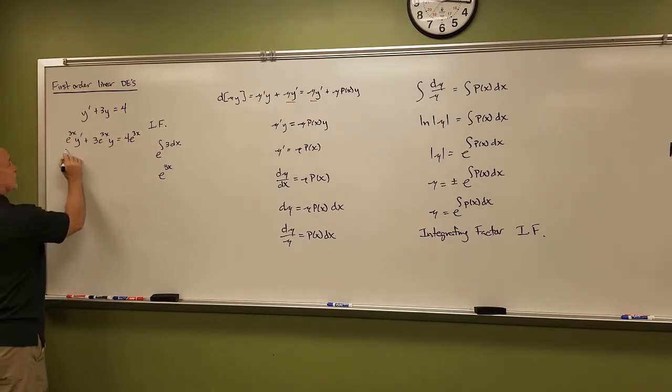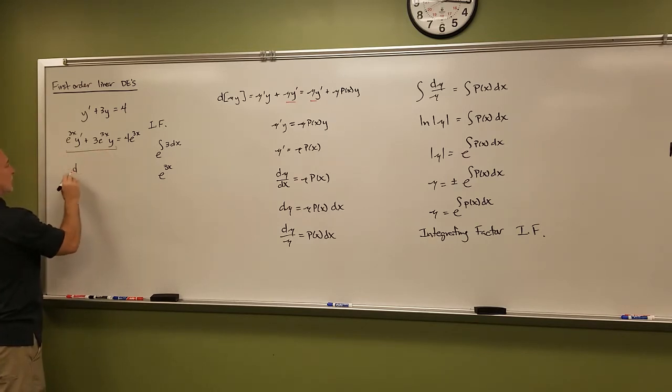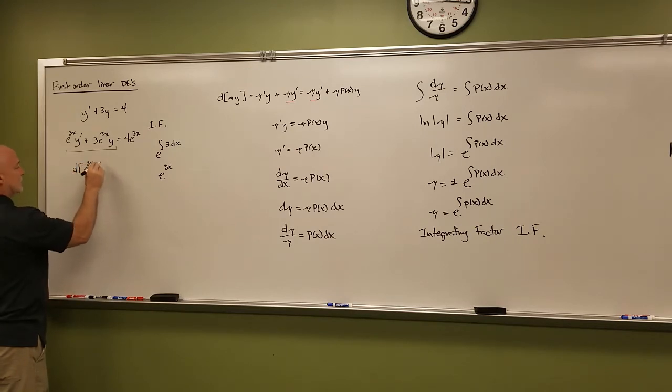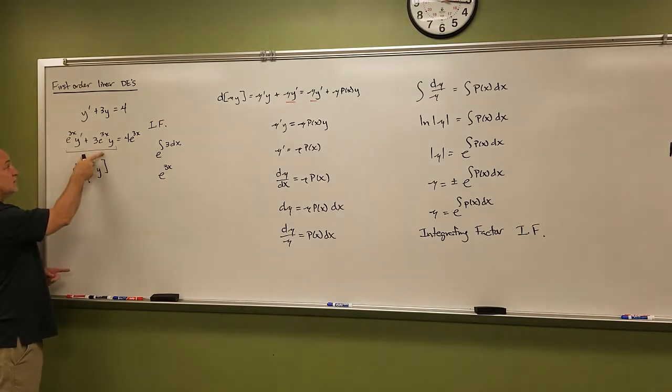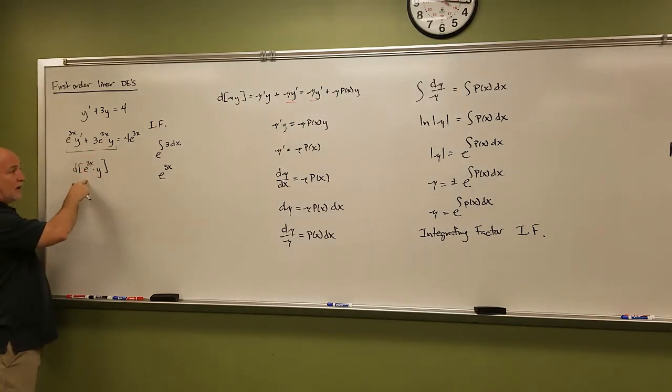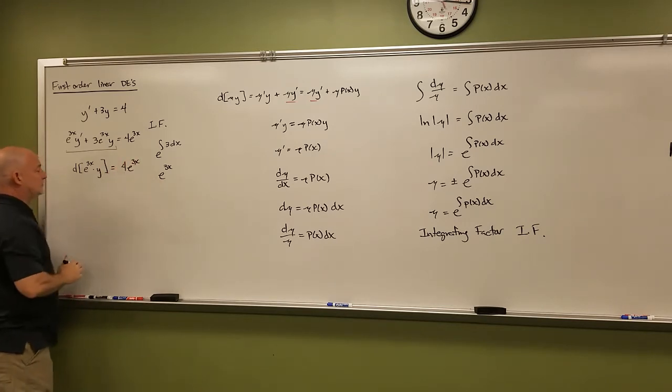Now check it for yourself. This here ends up being the derivative of the integrating factor times the dependent variable. And that's the way you want to remember it. Always, the left-hand side always turns into the integrating factor times the dependent variable. Now on the right-hand side, that's just 4e to the 3x.